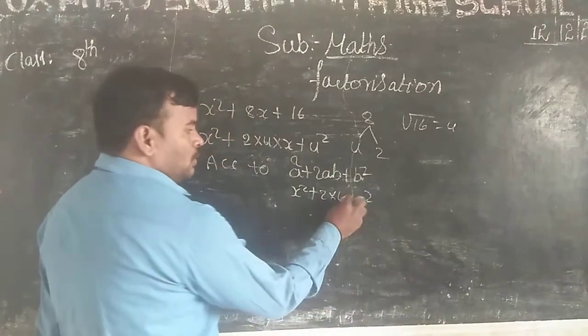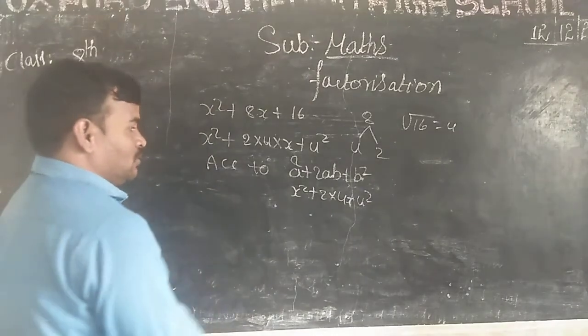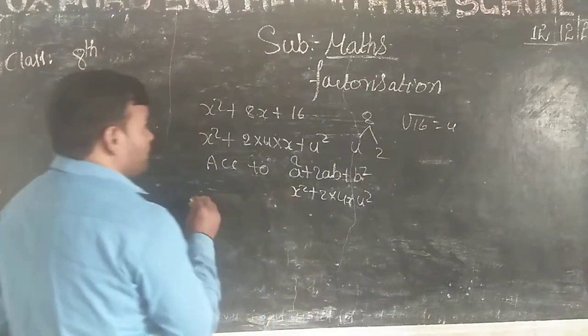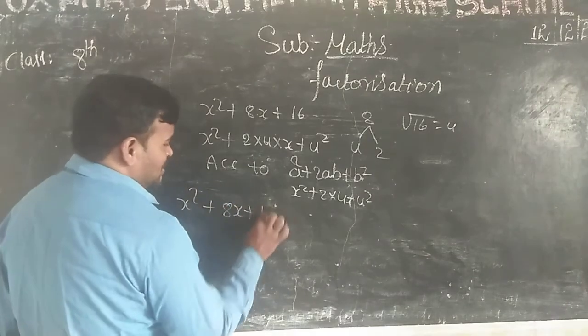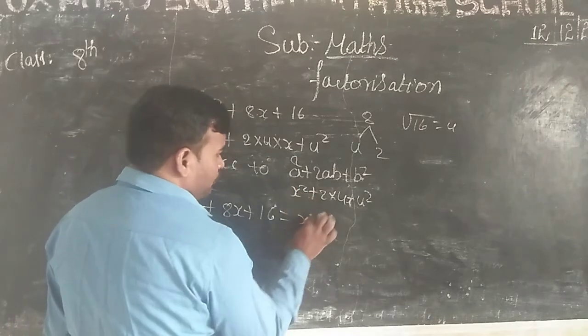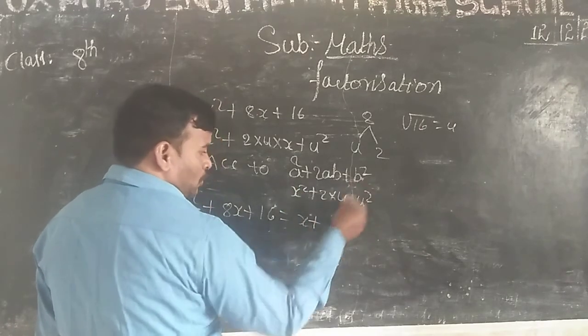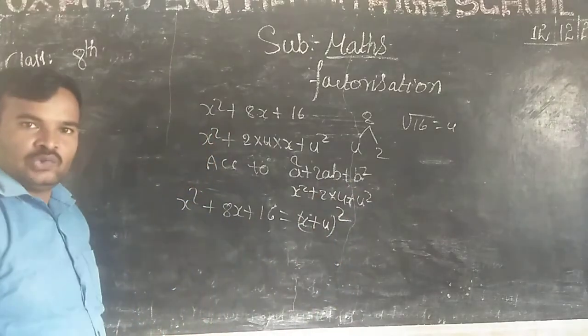So x square plus 8x plus 16 is equal to, in place of a, x, and in place of b, 4. So x plus 4 whole square.